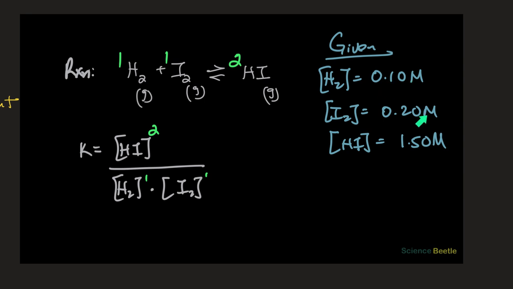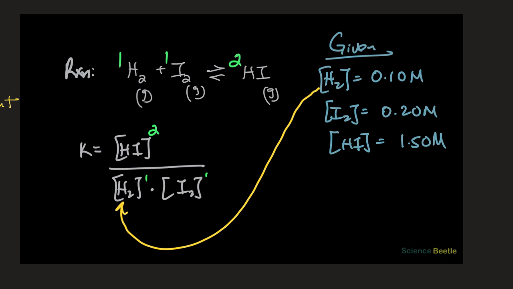Conveniently, these are already in molar, but if they're not, convert to moles divided by the volume so you can get concentration. Once you have the concentration, take the values for each of these components and plug them into the equation. Just to illustrate, I'm going to take the 0.10 value and put it right here in the position for H2.